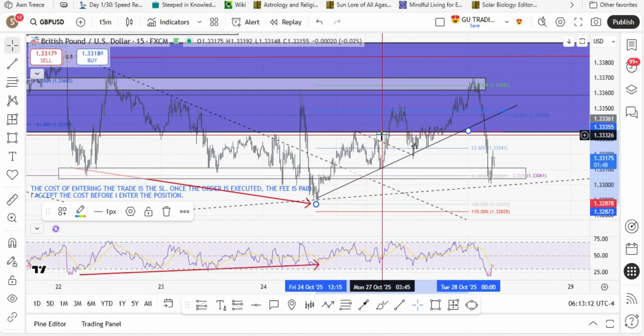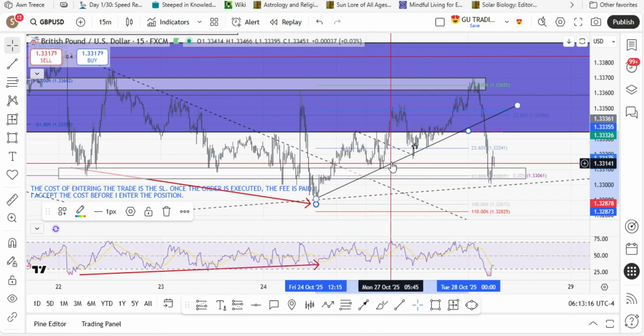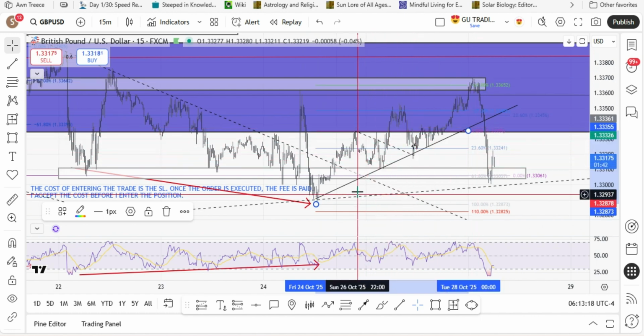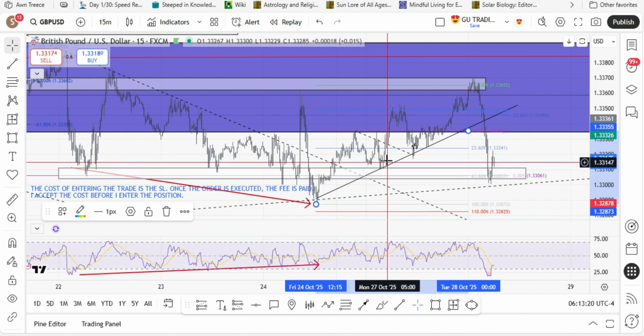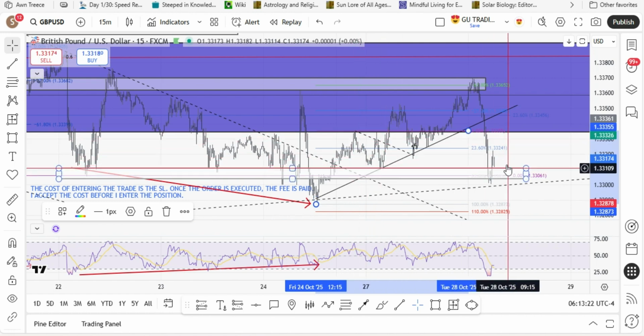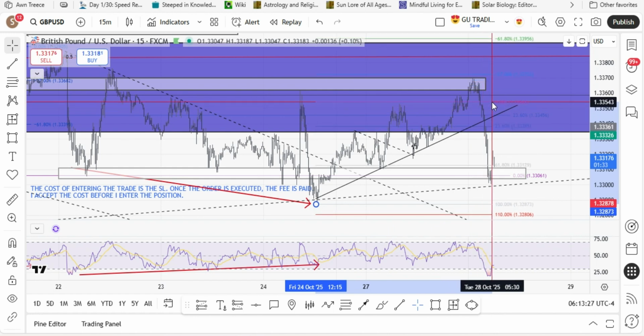So it would have been the impulse, correction, continuation. I put the fib here, but I guess the fib also could have went here.